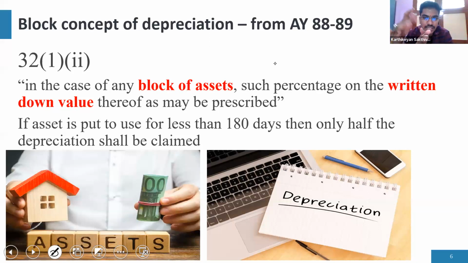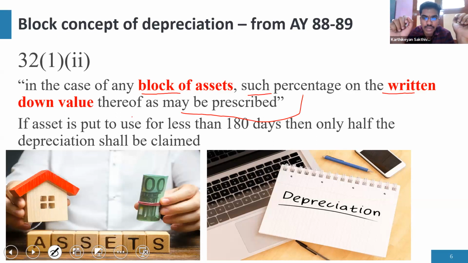Depreciation is provided as per section 32(1)(ii) and 32(1)(iia), which is additional depreciation. So in 32(1)(ii), in case of any block of assets, such percentage on the written down value thereof as may be prescribed can be claimed as deduction. This is all that is given in 32(1)(ii). This is our whole depreciation discussion.